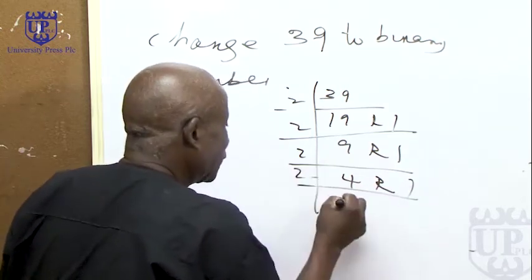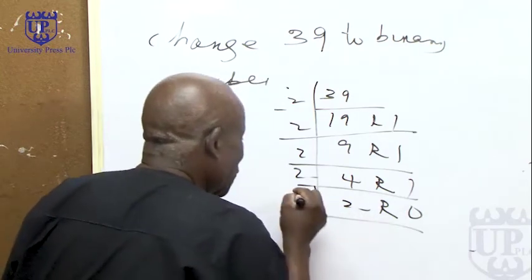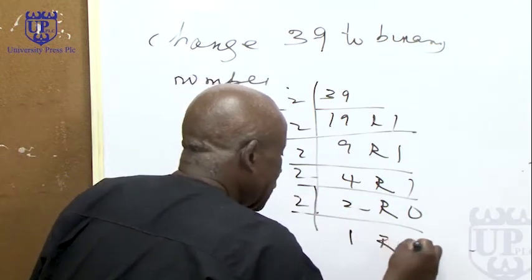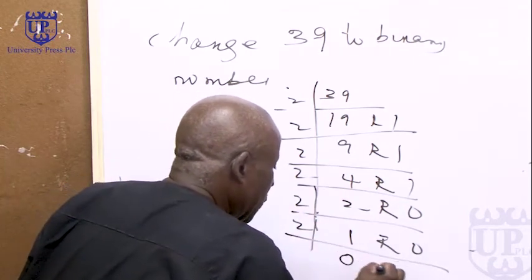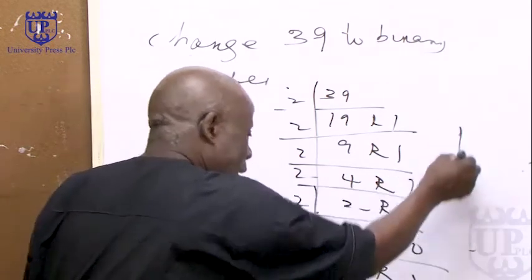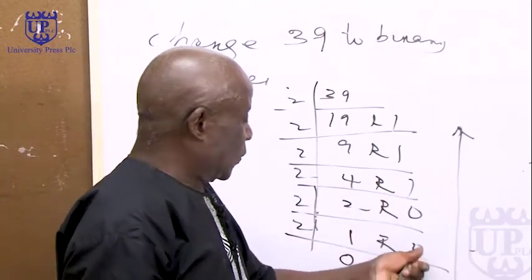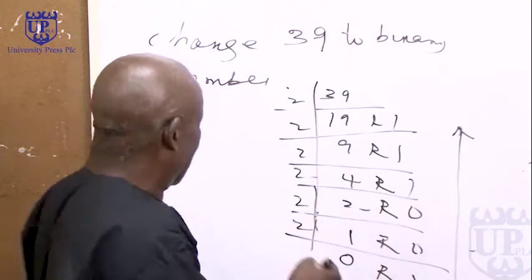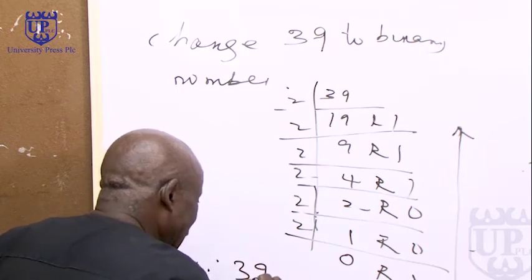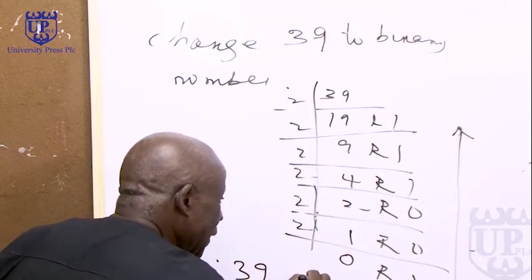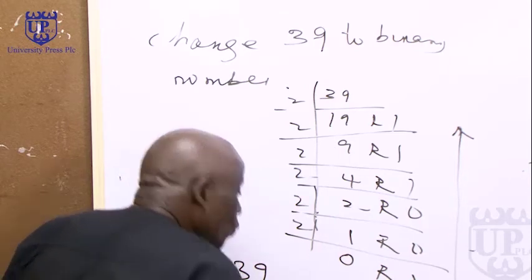Then 2 in 4, 2 remain 0. 2 in 2, 1 remain 0. Now 2 in 1, 0 remain 1. Then you write in this direction: 1 0 0 1 1 1. Say therefore 39 base 10 if you like is the same thing as 1 0 0 1 1 1 base 2.